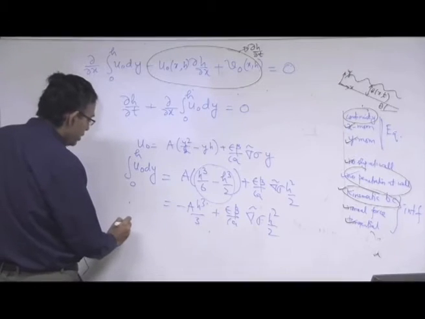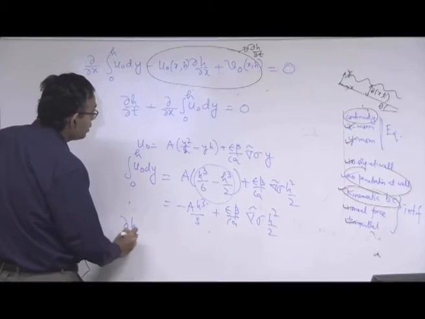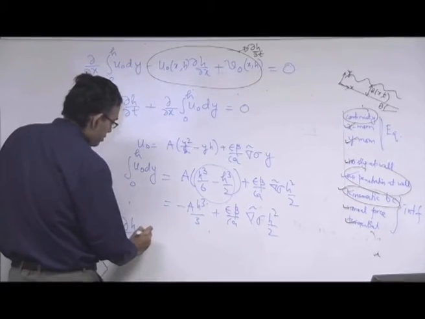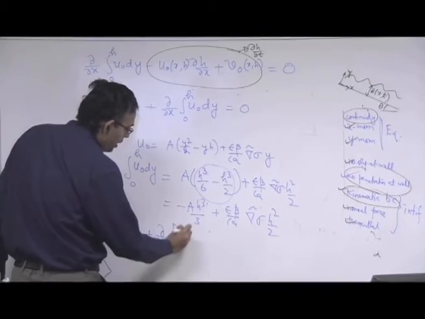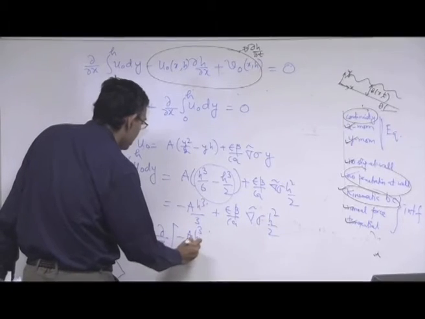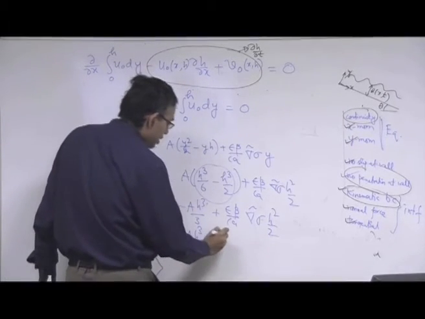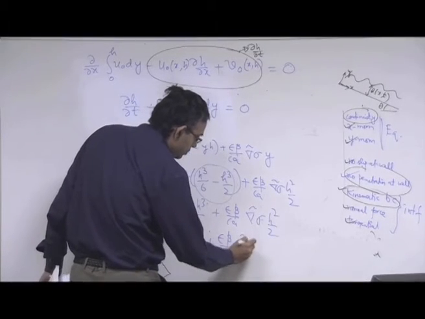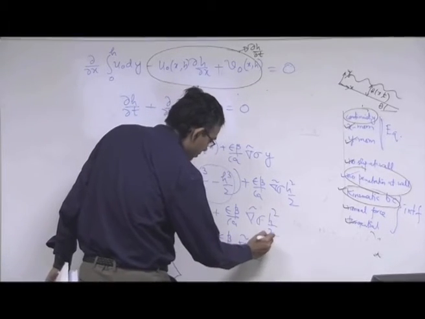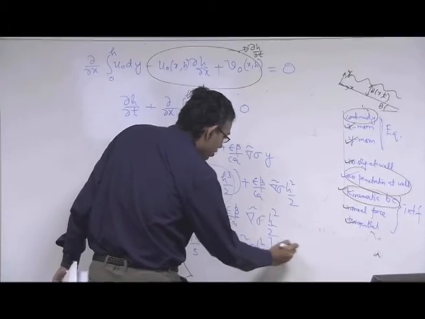So you are left with ∂h/∂t plus ∂/∂x of minus A h³/3 plus epsilon beta by capillary number, and this is equal to 0.